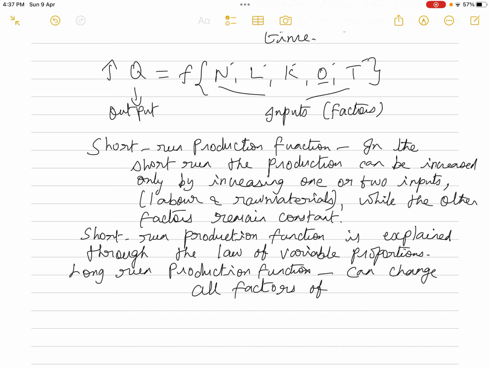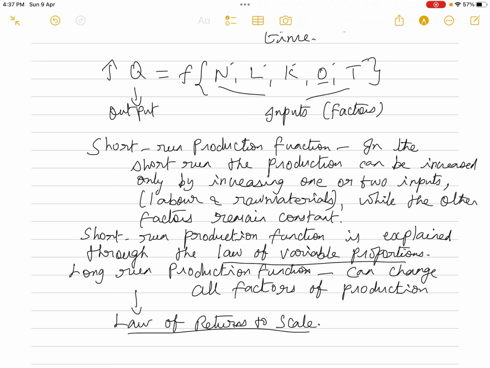If he wants to increase the output, he can change the technology, and he can use as much machinery as he wants. So everything can be changed in the long run. So the long run production function is explained through another law, the law of returns to scale.